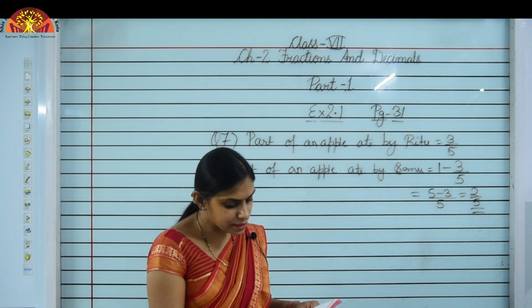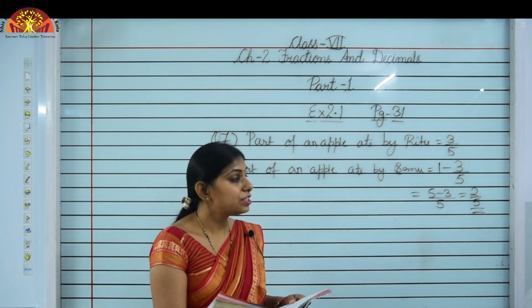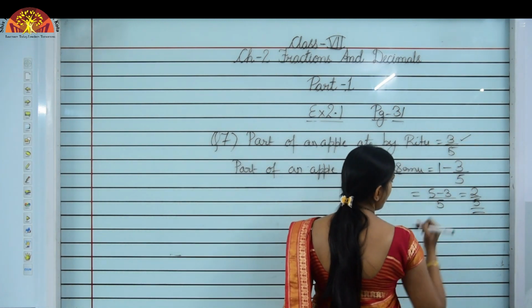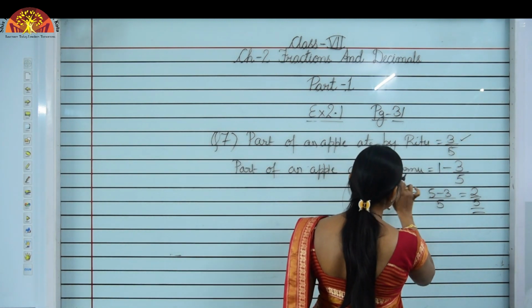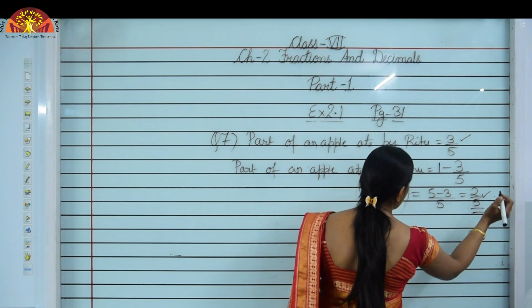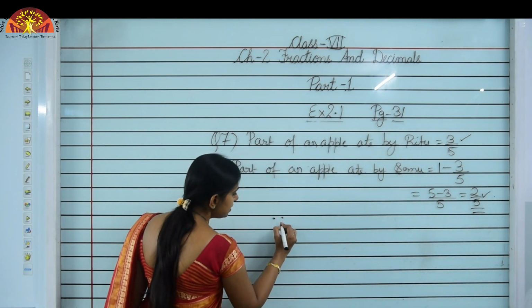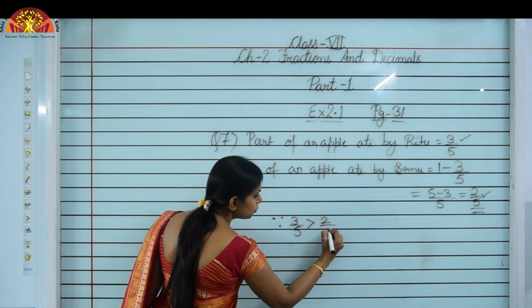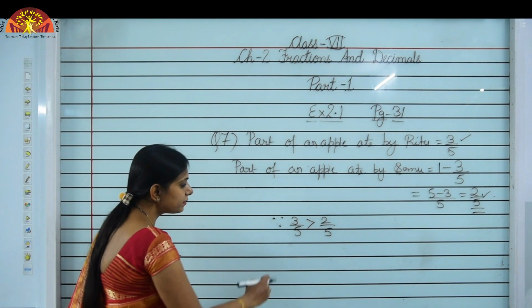Now what has been asked? Who had the larger share? Now you can see that the part of apple eaten by Ritu is 3 upon 5 and the part of apple eaten by Somu is equal to 2 by 5. So we can write, since 3/5 is greater than 2/5. Who had 3/5 part?